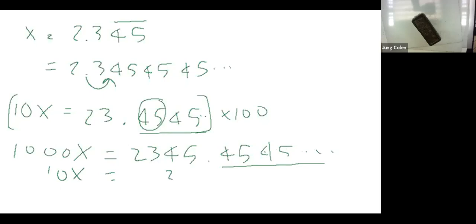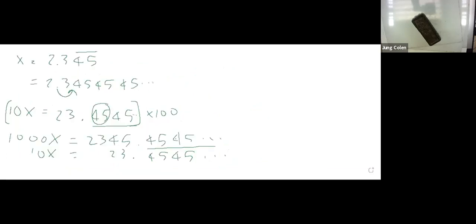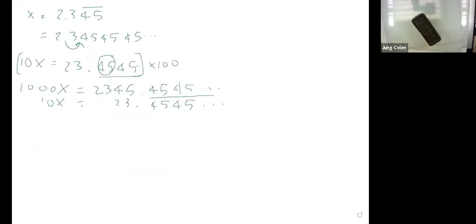That is equal to 23.45454545, dot, dot, dot. Okay, now what? We can subtract this. So 1,000x minus 10x is what? 990x?